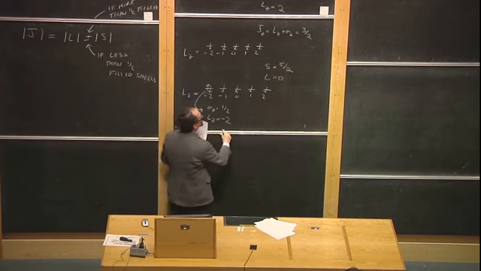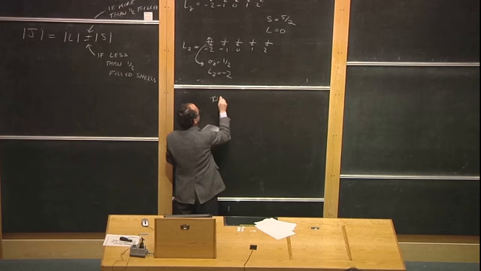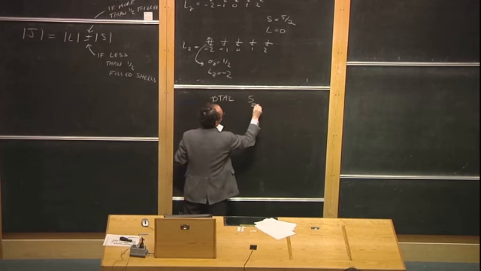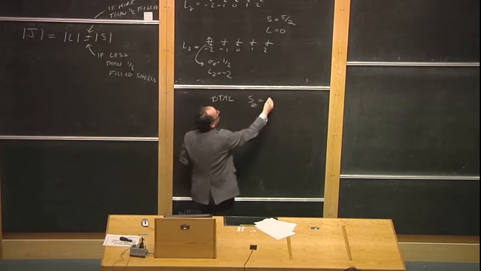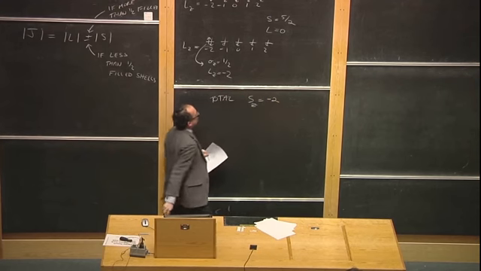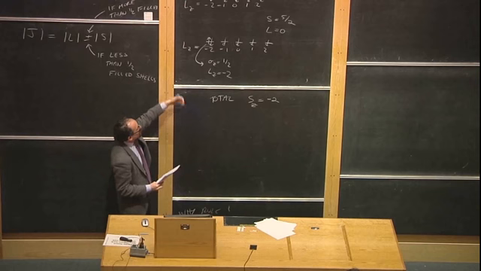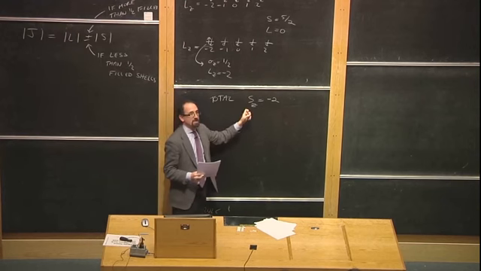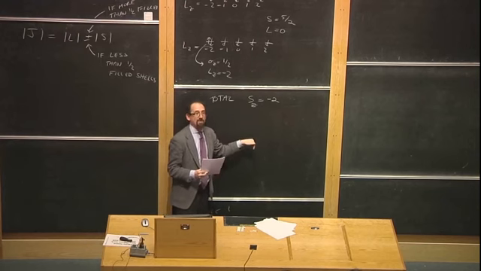But now notice what's going on here. The total SZ is actually still negative. It's negative 2, right? So the last electron that I put in was pointing up, but the total spin is actually still pointing down.